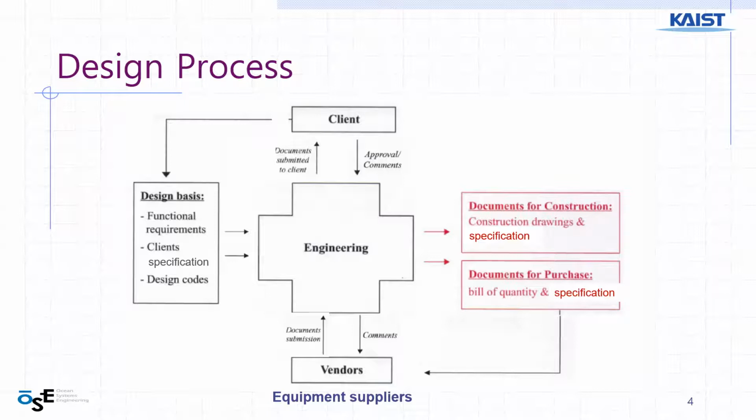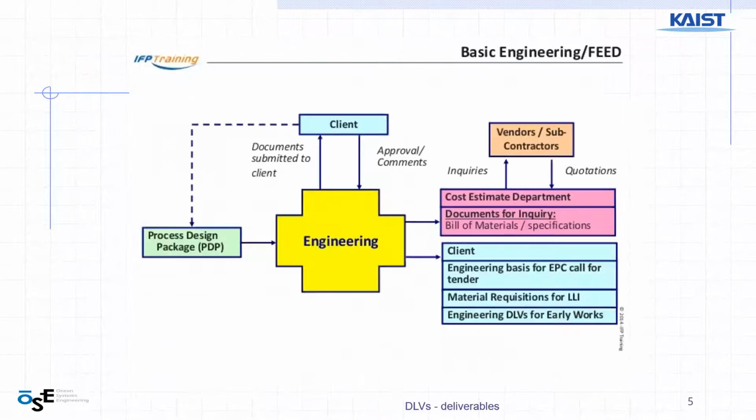And also document for purchase goes to the suppliers after fixing which one to buy and how many and what level of quality. So it is a bill of quantity and specification is given to the purchase department and also to the vendors. There is a process.